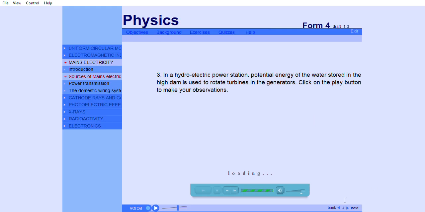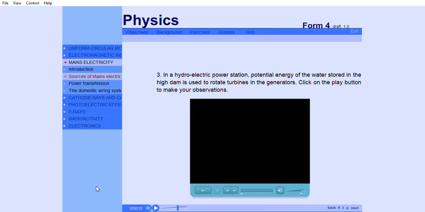In a hydroelectric power station, potential energy of the water stored in the high dam is used to rotate turbines in the generators. Click on the play button to make your observations.